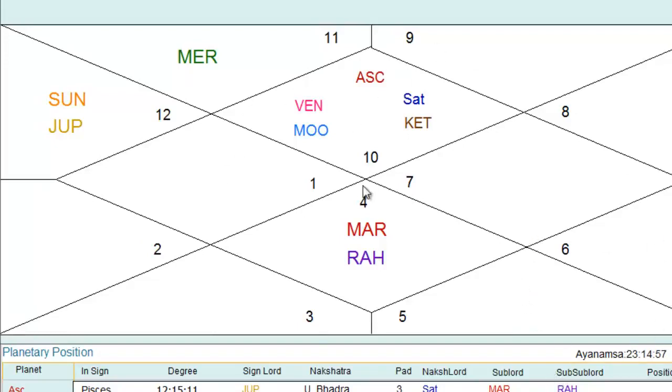Like this, we need to place each and every planet in the transit chart from the Moon chart, so that we can understand which event can be considered according to the transit chart, and we can place it like that.